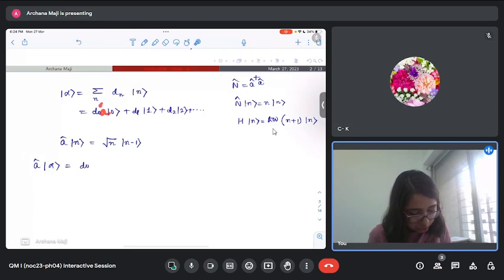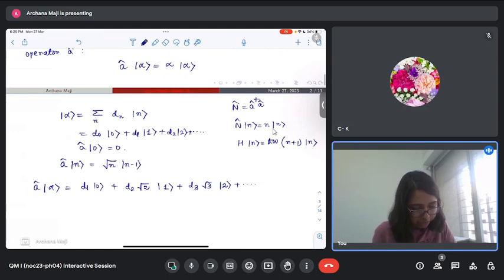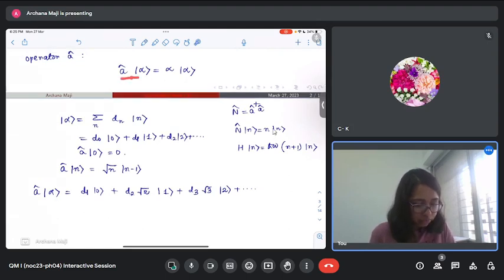When A acts on |0>, it gives 0, because you can't have a minus 1 state. This is the basic property that the annihilation operator acting on the ground state gives 0. So the first term vanishes, and from the second term we get d1 square root 1 |0> plus d2 square root 2 |1> plus d3 square root 3 |2> and so on. This is the left hand side of the eigenvalue equation.